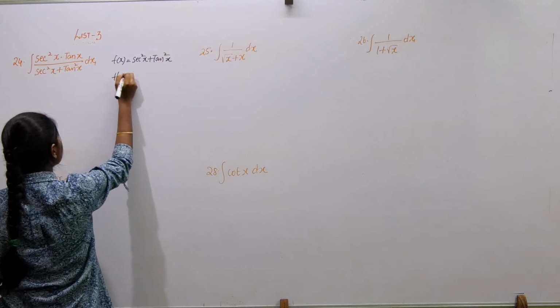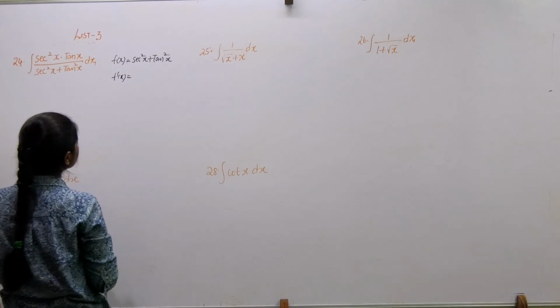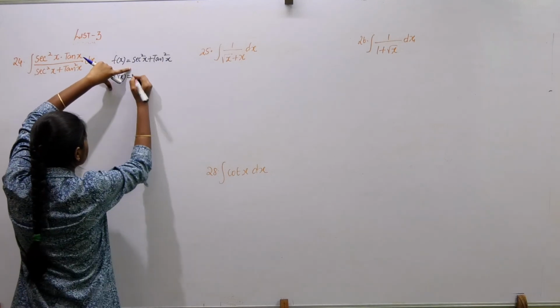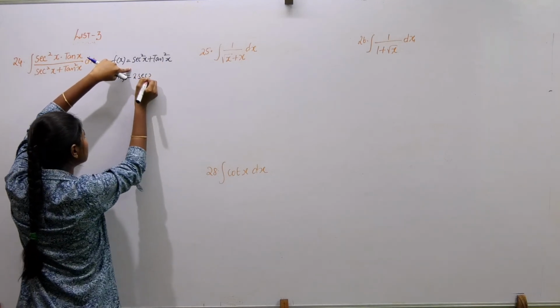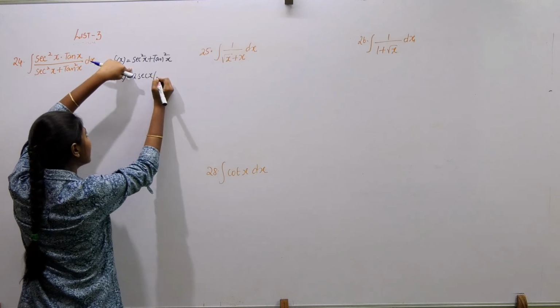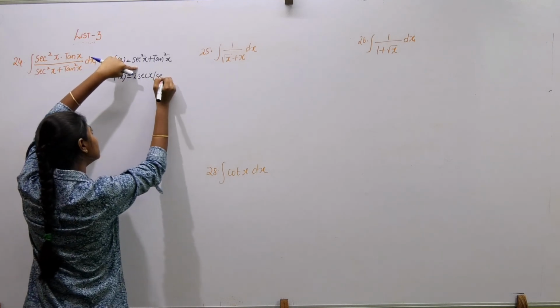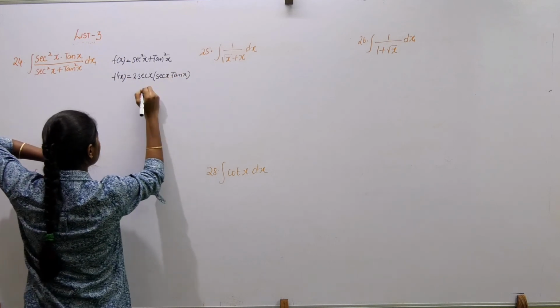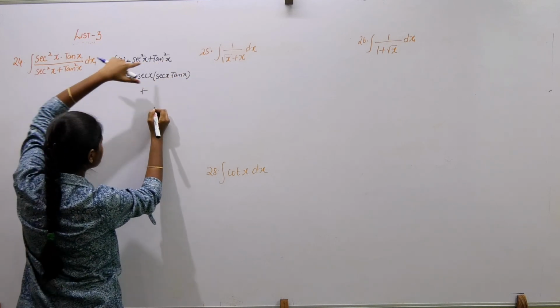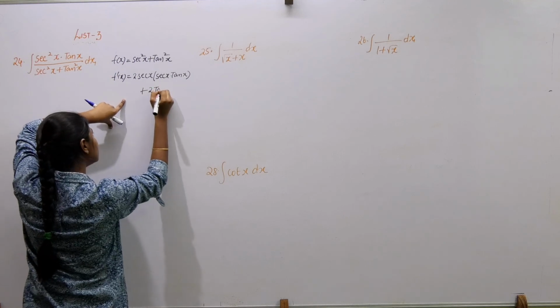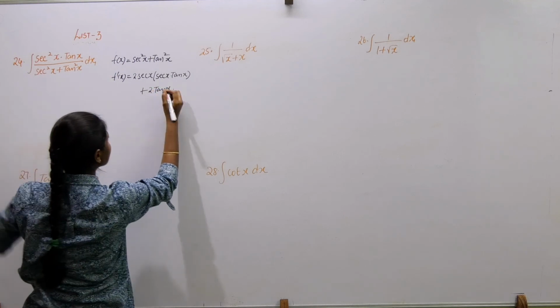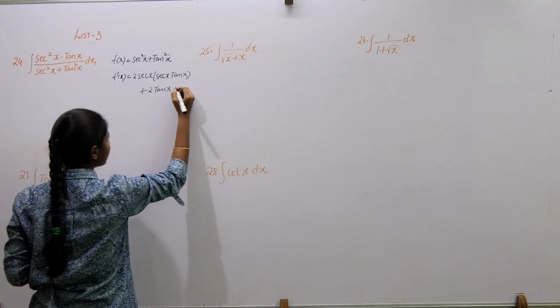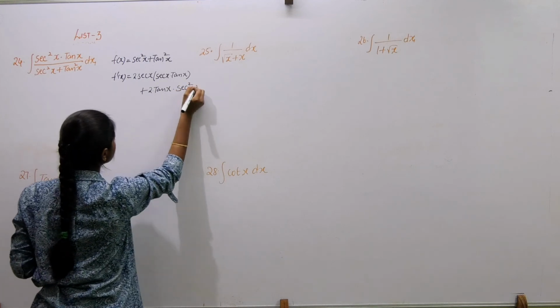Then f dash of x is equal to d by dx of secant square x, which is 2 into secant x, again differentiating secant x, into tan x, plus d by dx of tan square x, which is 2 into tan x, again differentiating tan x; d by dx of tan x is secant square x.